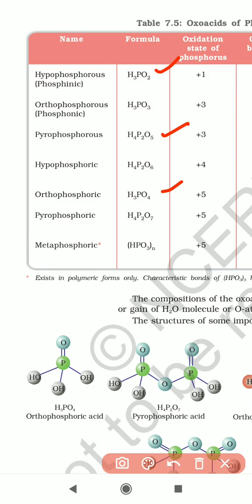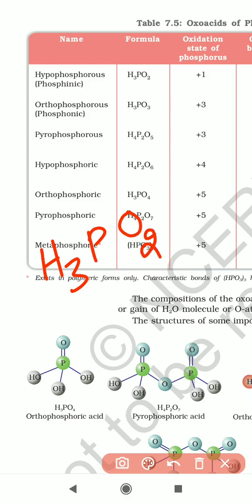For example, if you take H3PO2, how many kinds of atoms exist? Totally three: hydrogen, phosphorus and oxygen. To identify easily, you have to remember these points.